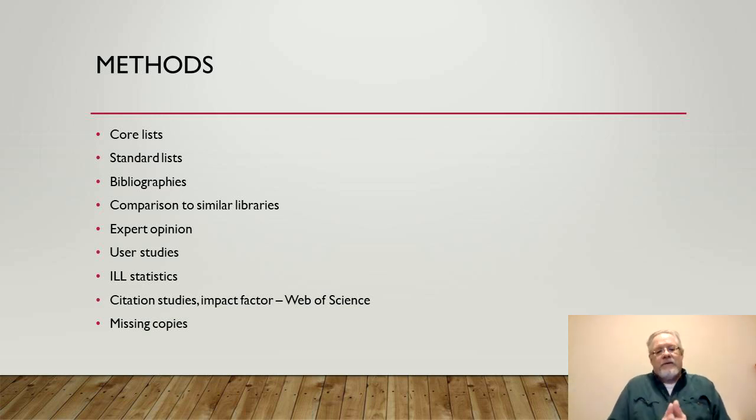But what it does is it gives a number for the number of times that publication is cited and used. In other words, you take a particular publication, and how many times is that publication cited by other authors.